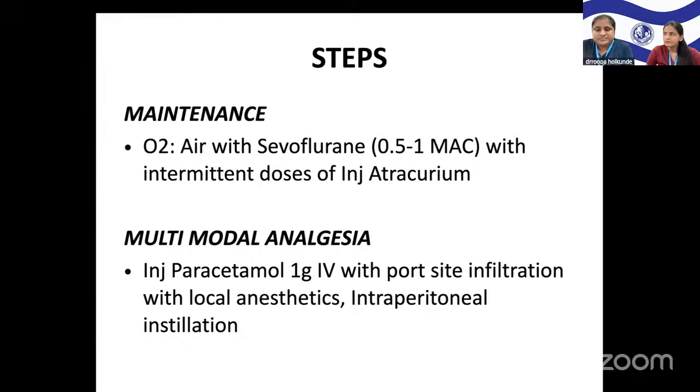In which scenario do you have to use halothane? When profound uterine relaxation is required. Yes, ma'am. When we need manual removal of placenta, we require uterine relaxation for a prolonged time, so we use halothane there. In modern anesthesia practice, the role of halothane is for intrauterine manipulations where excessive uterine relaxation is required.